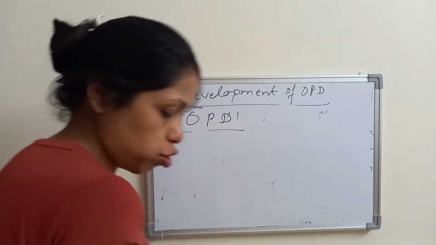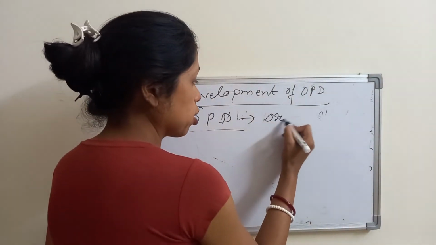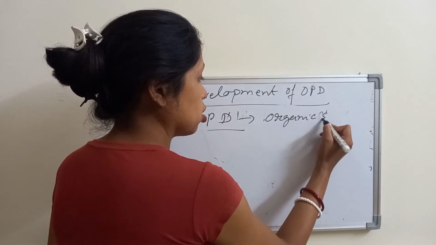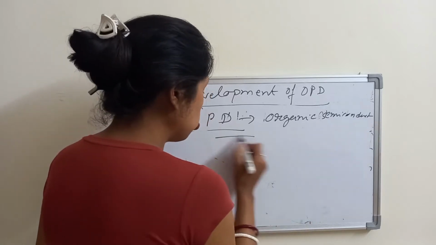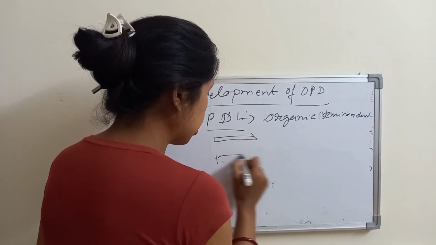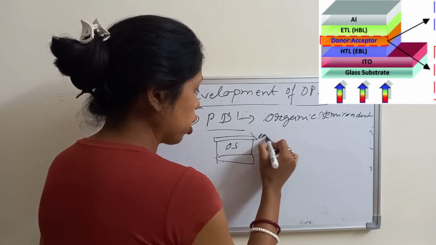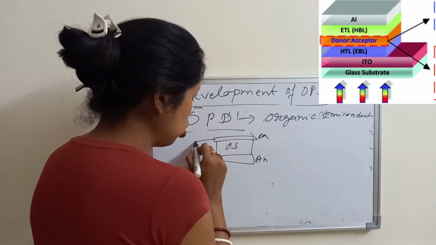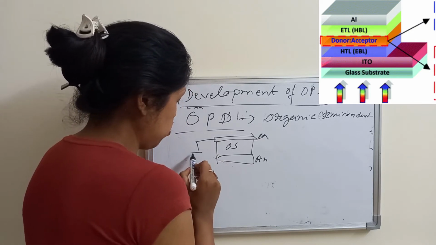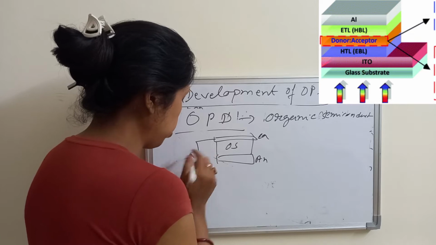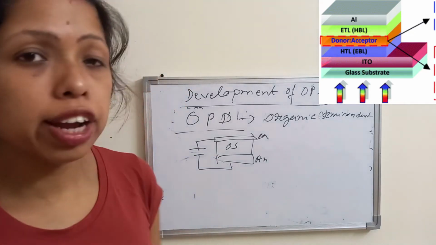So the organic photodetector consists of an organic semiconductor. Suppose there are two metallic layers, and in between them the organic semiconductor, with a cathode and an anode. A reverse bias should be applied between the anode and cathode.